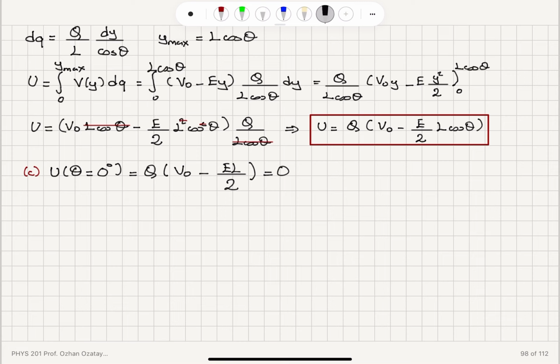That's basically my reference in the definition of potential energy of the system. So this tells me that V0, the constant value of the potential at y equal to 0, is EL over 2. With that, I make sure that the potential energy at theta equal to 0 corresponds to 0 potential energy.